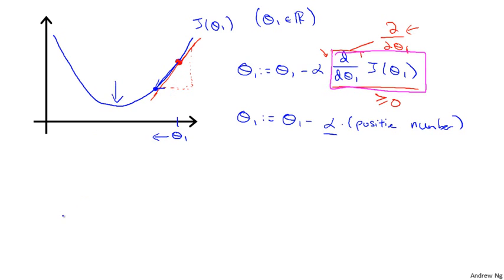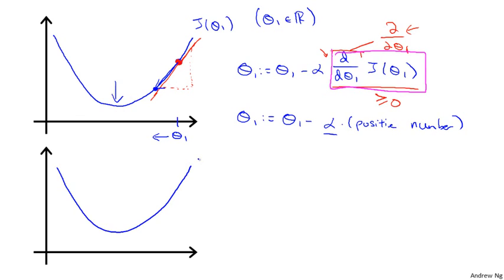Let's look at another example. Let's take my same function J and draw the same function J of theta 1. Now let's say I had instead initialized my parameter over there on the left, so theta 1 is here, at that point on the curve.